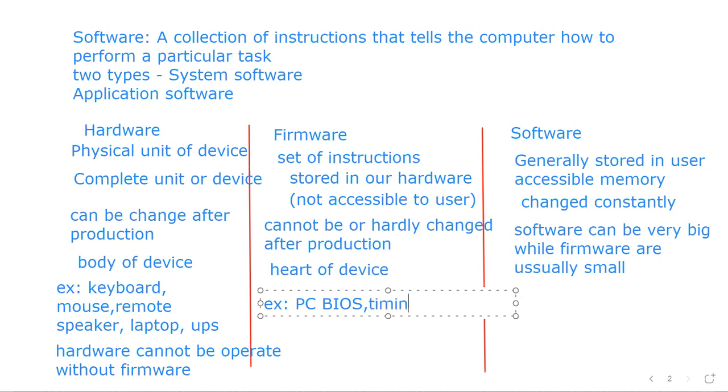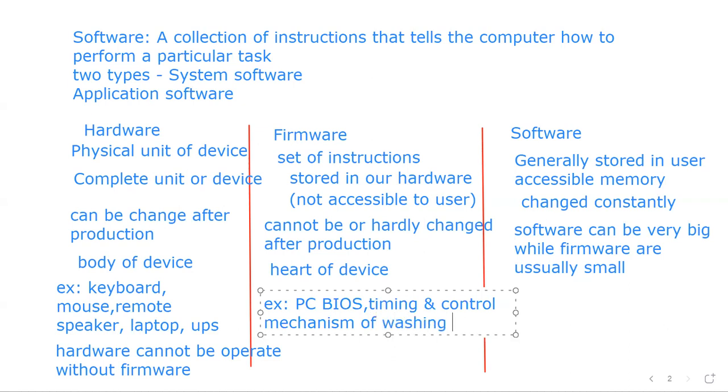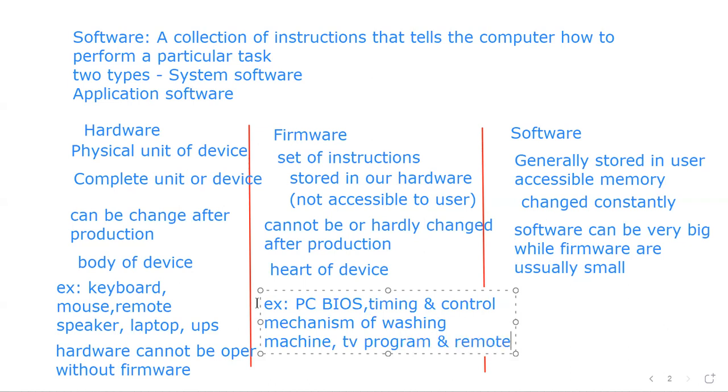Another example is the timing and control mechanism of a washing machine, or TV program and remote. So firmware operates on hardware. Hardware cannot operate without firmware.